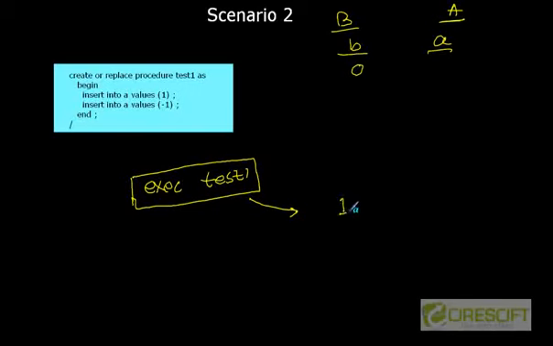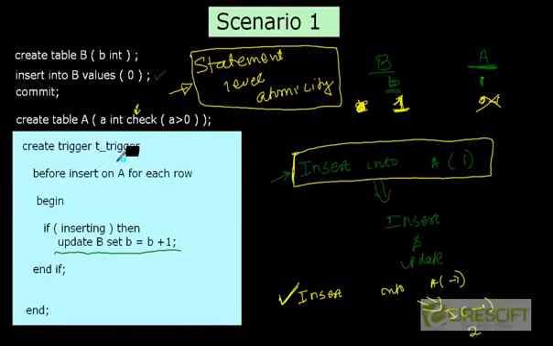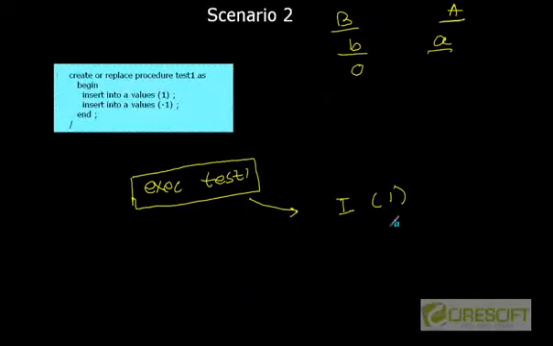The first statement is insert into table A, 1. Because of this insert and because of the trigger that we have already written, on inserting you are going to update. So it is going to update table B, and the updated value will be 0 plus 1 becomes 1. So this is the first step.